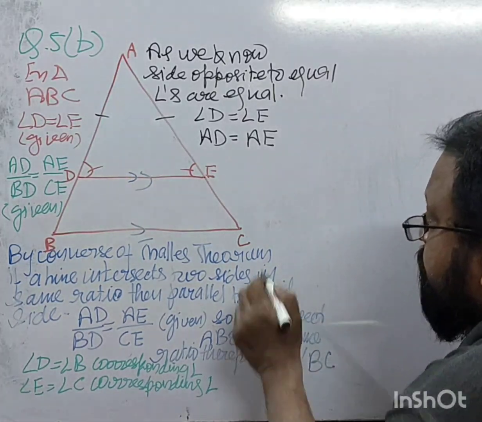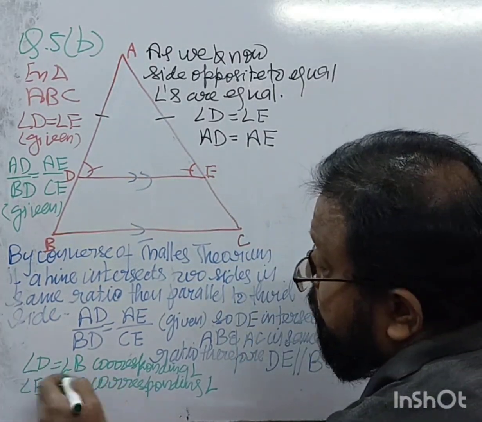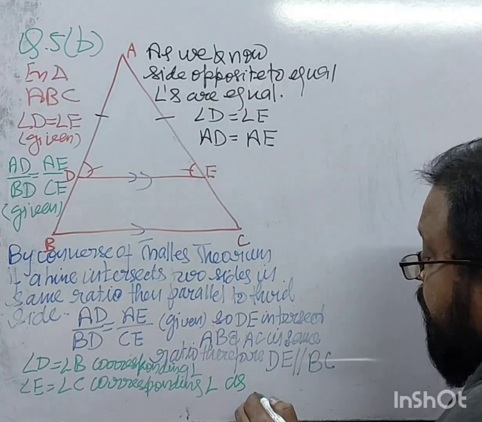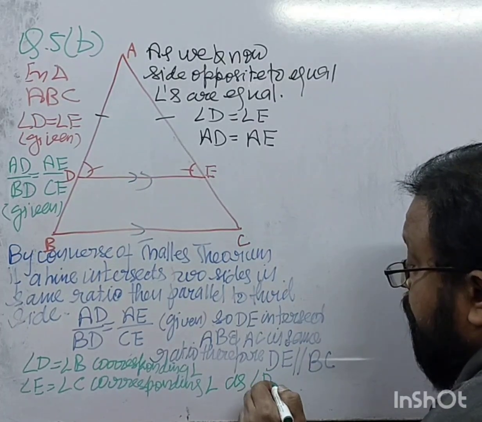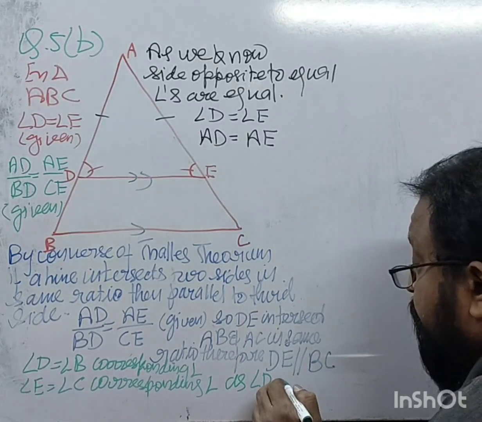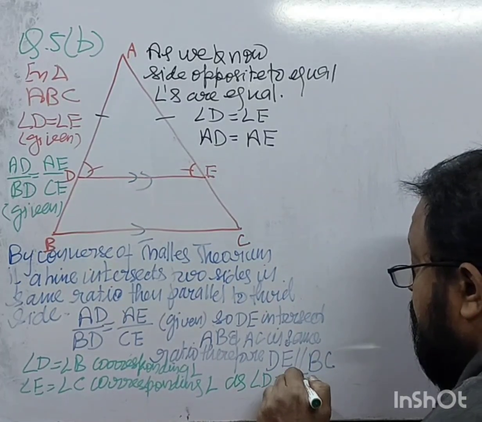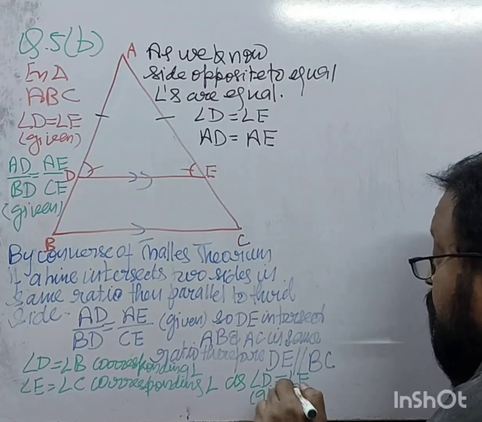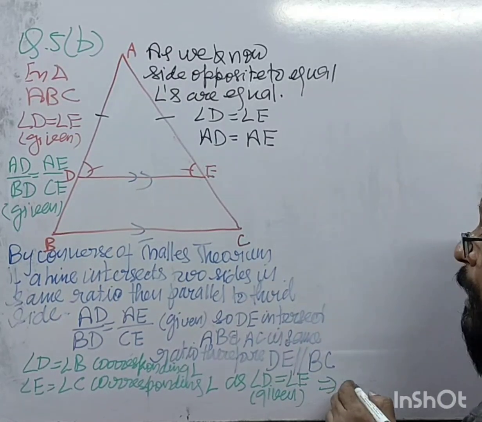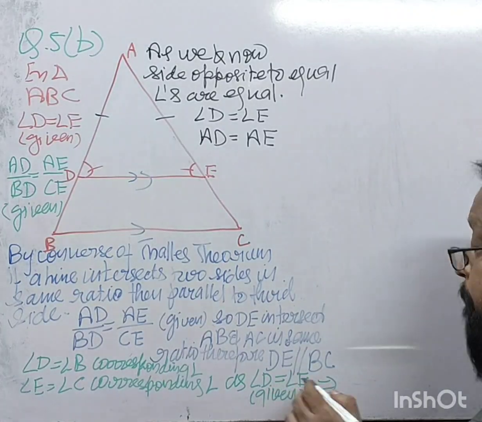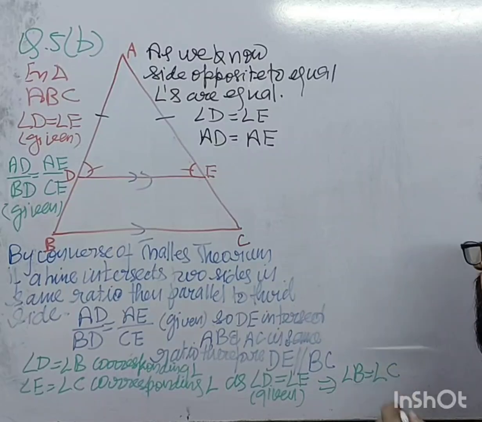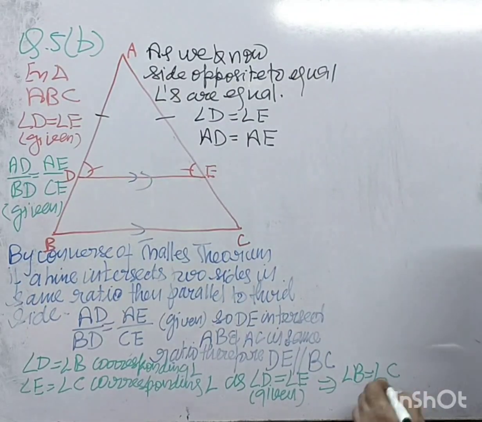And as angle D is equal to angle E given, so angle B is equal to angle C, right? Angle C.